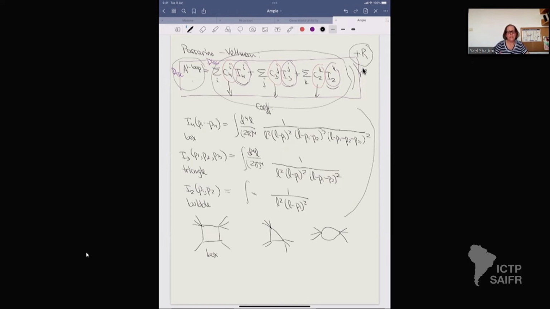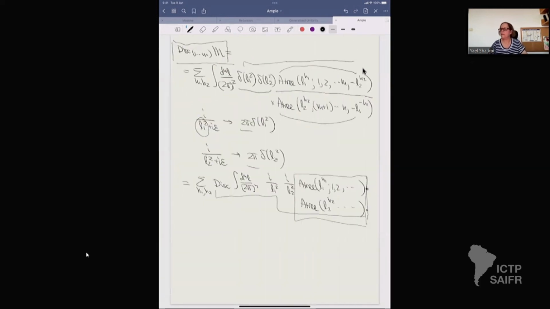And then we can evaluate the contribution on the left-hand side using the different factorizations of this one loop amplitude. And from that, we can fix the differences here.